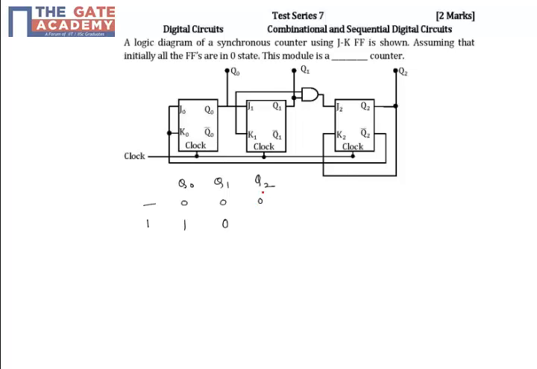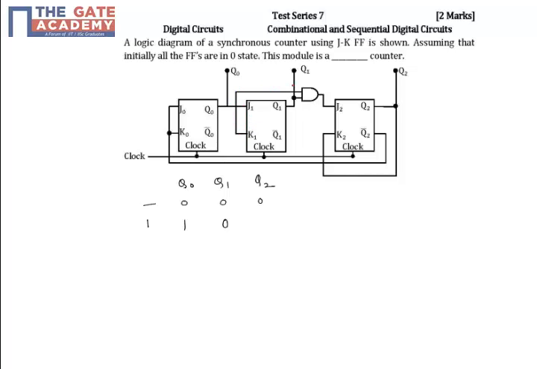What about Q2? Q2 output depends on J2 and K2. Anyway, this Q2 bar is 1. What about this J2? This is K1. So K1 is how much?